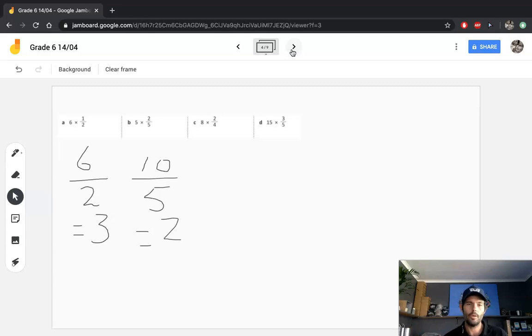For 8 times 2 over 4, that's going to give you an answer of 16 over 4. And that answer is 4. All right, 16 divided by 4 is 4. And your last one, 15 times 3 over 5. Now it's going to take you a long time to write 3 over 5 15 times.